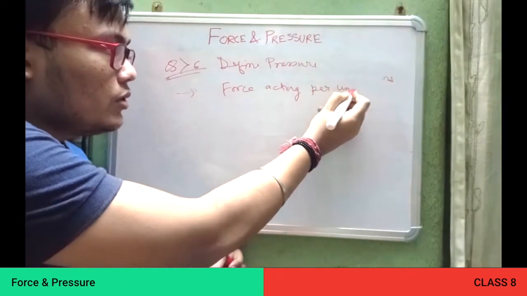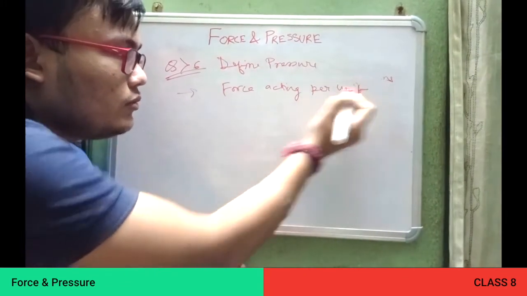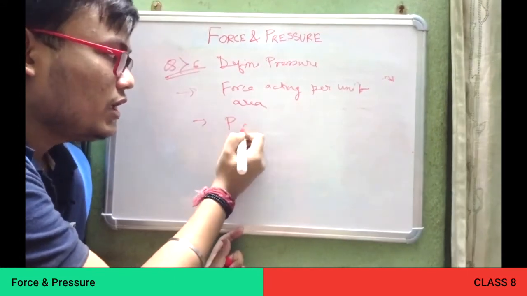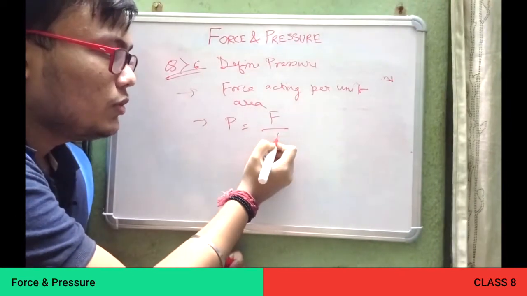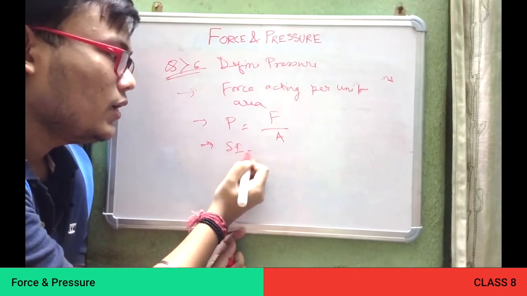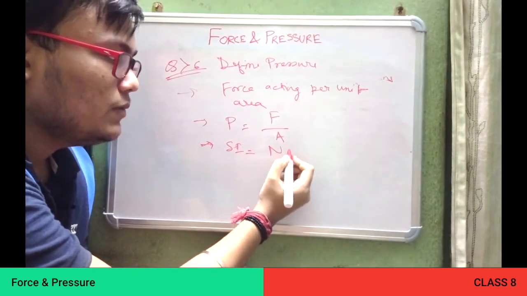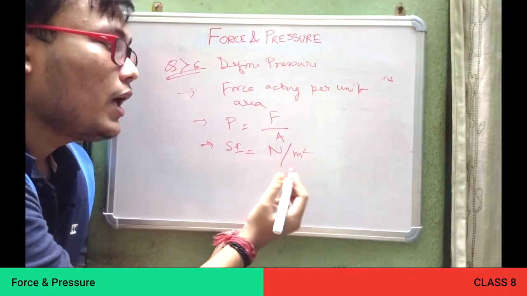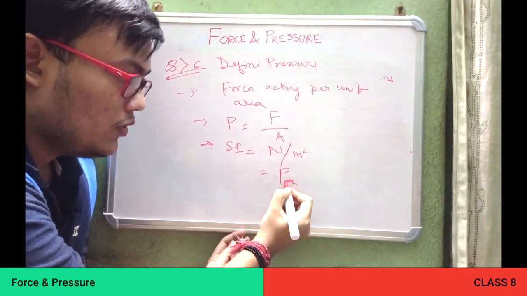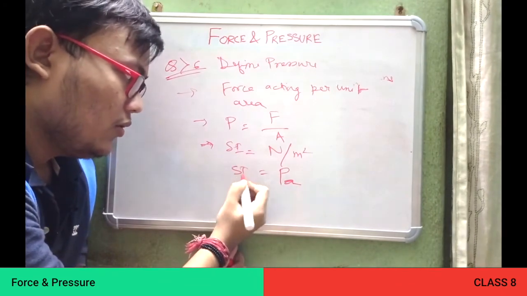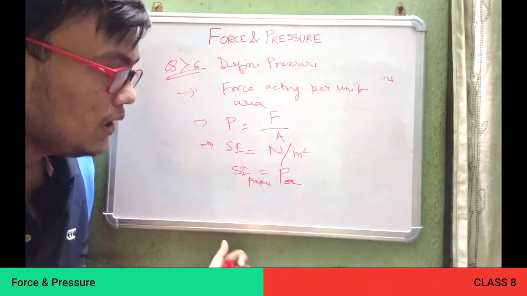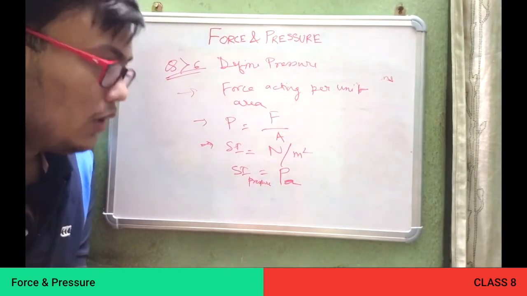So mathematically pressure can be defined as force per unit area, and thus the SI unit: force is Newton and area is meter square. So Newton per meter square, and it is called Pascal. So the SI unit of pressure is Pascal.